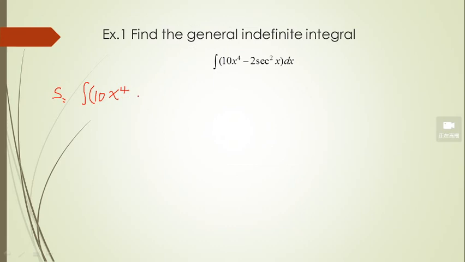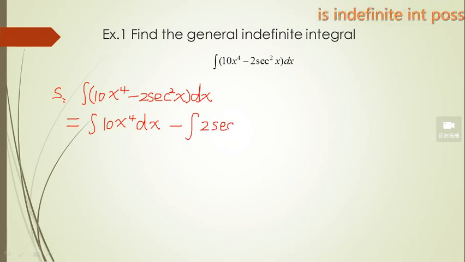All right, 10x to the 4 minus 2 secant square dx. So you can take it as f(x) minus g(x), so that will be the indefinite integral for f(x) minus indefinite integral for g(x), right?